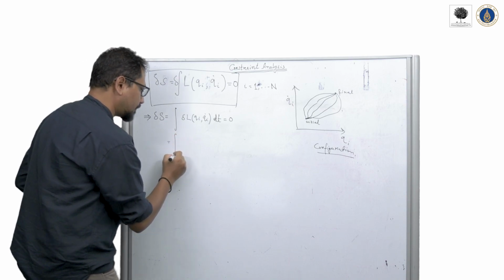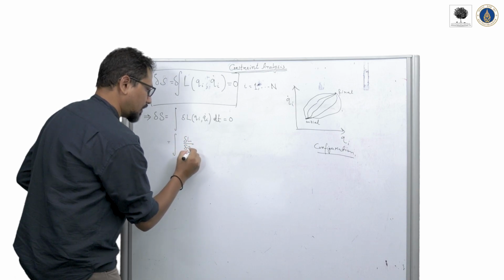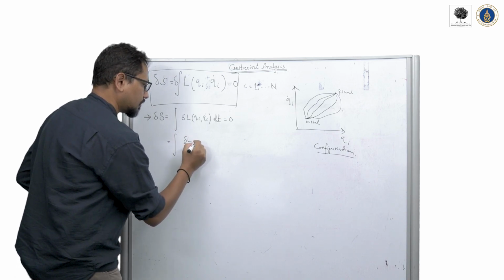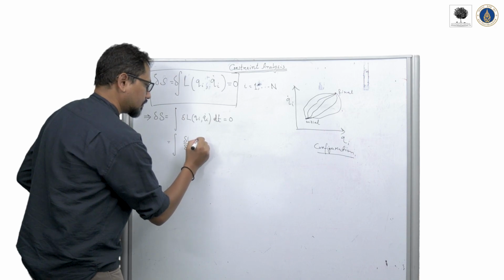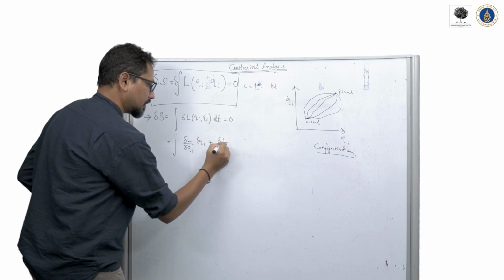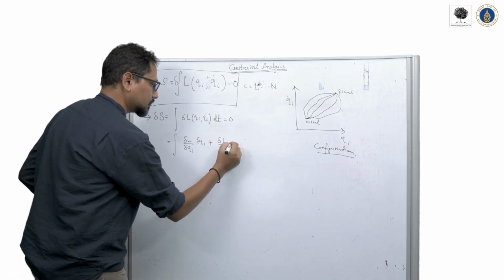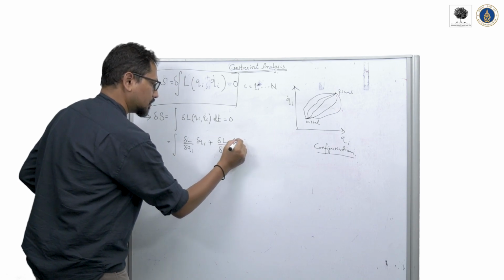Now I'll have del L by del qi delta qi plus del L by del qi dot delta qi dot.